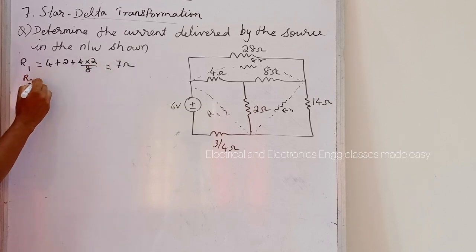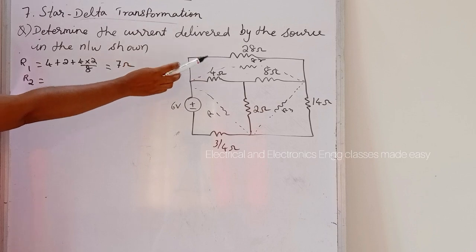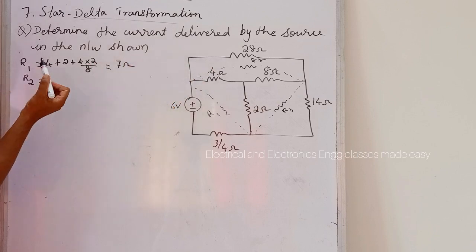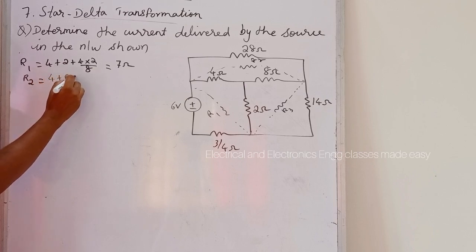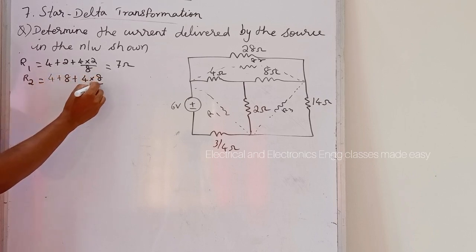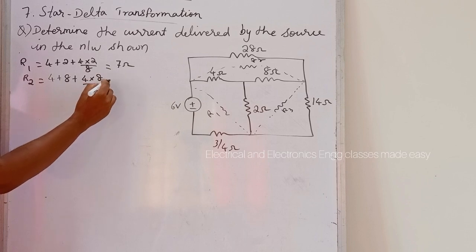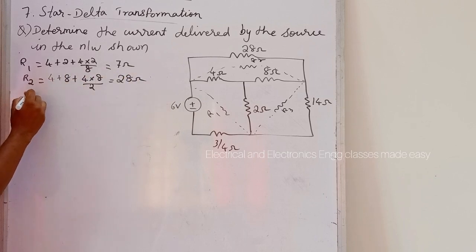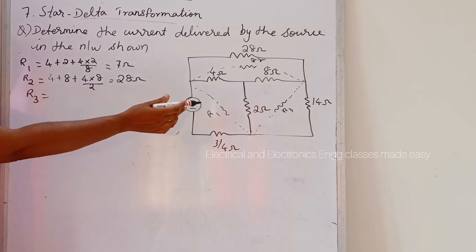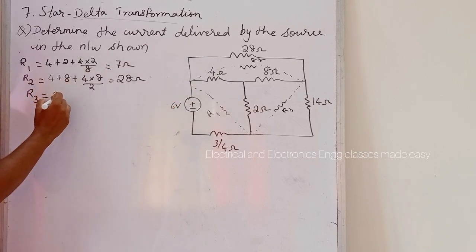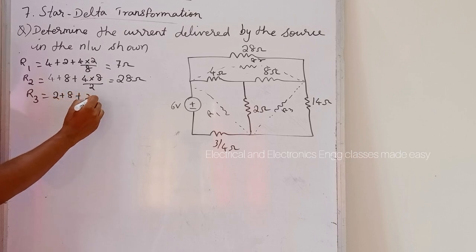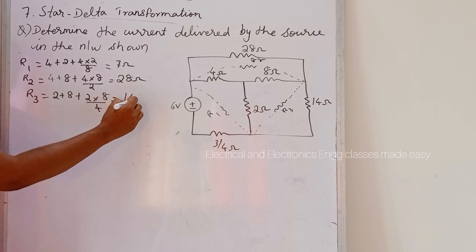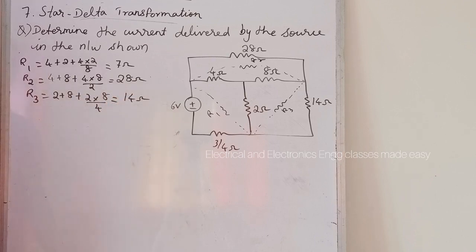Then what is R2? R2 is equal to 4 plus 8 plus 4 into 8 divided by 2, and we will get 28 ohm. Then R3 is equal to 2 plus 8 plus 2 into 8 divided by 4, and that is equal to 14 ohm.